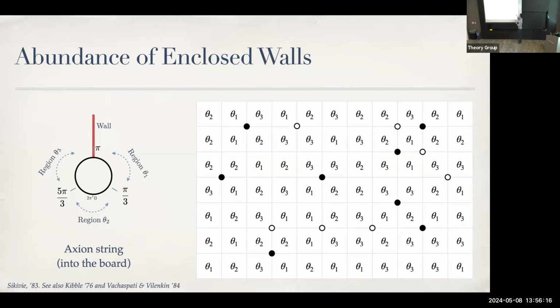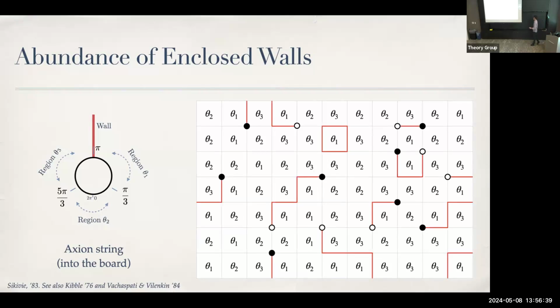And this white dot here, I've got the opposite configuration. In physical space, I'm winding in the opposite direction. You can think about it as a string puncturing the board, going into the board here. Okay, so roughly you expect, and what you see is, you get by chance roughly one string per horizon or so. Again, I'm just putting random values of the axion theta field here, which corresponds to the potential minima of the axion right before the QCD phase transition.